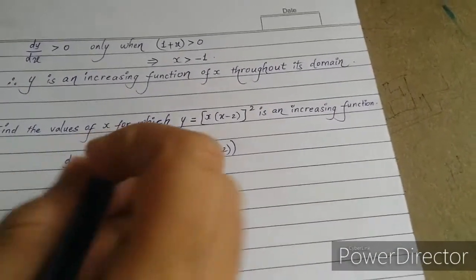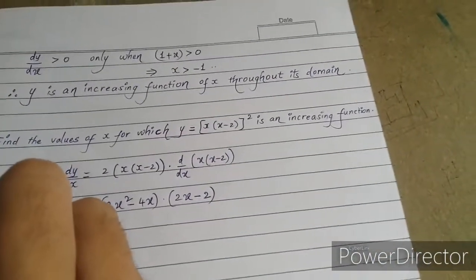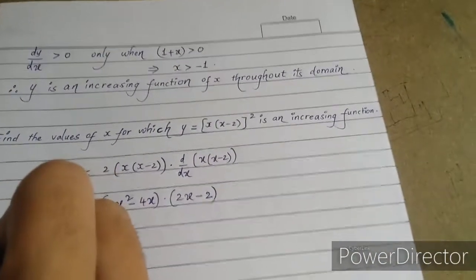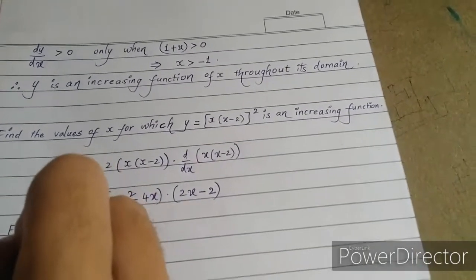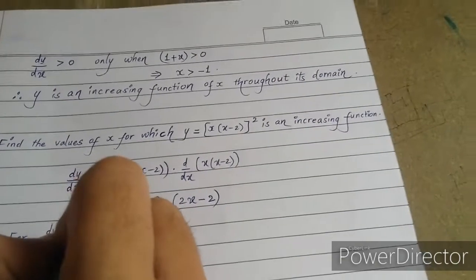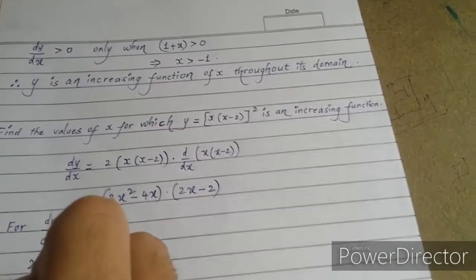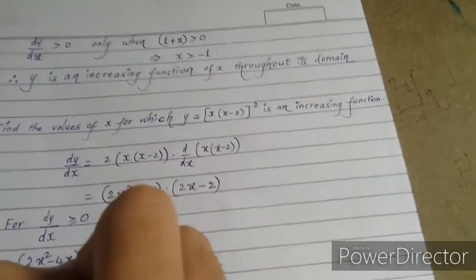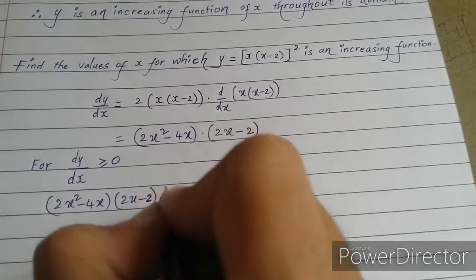For the function to become an increasing function, dy by dx greater than or equal to 0. For dy by dx greater than or equal to 0, 2x square minus 4x into this 2x minus 2 is greater than or equal to 0.